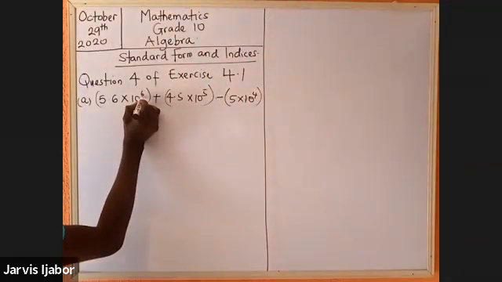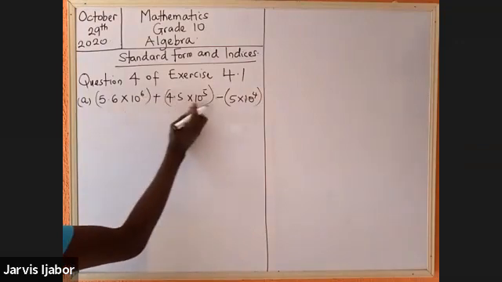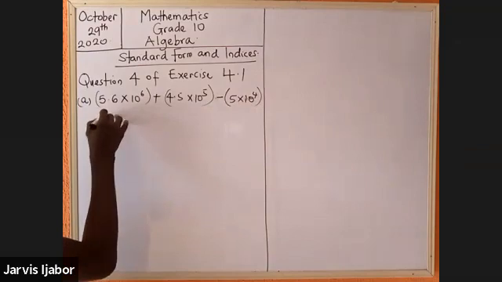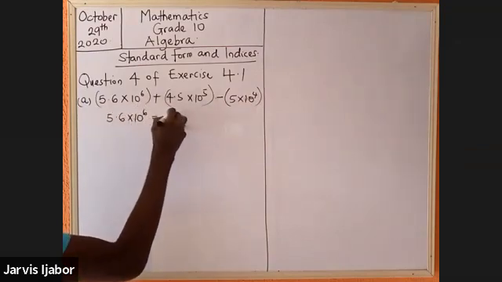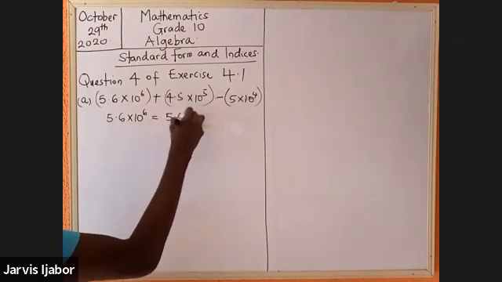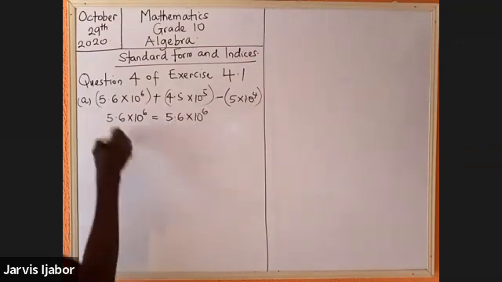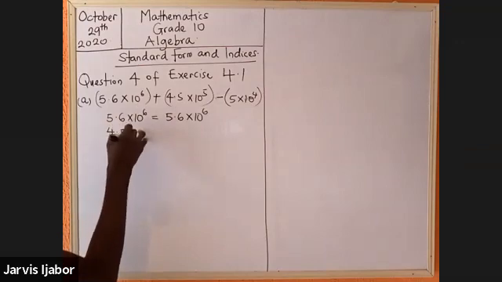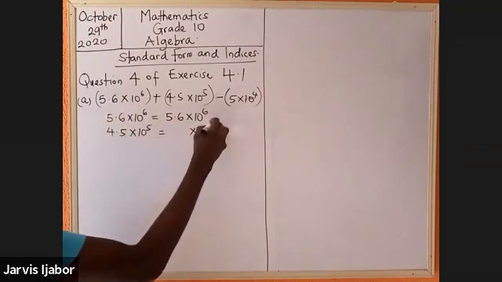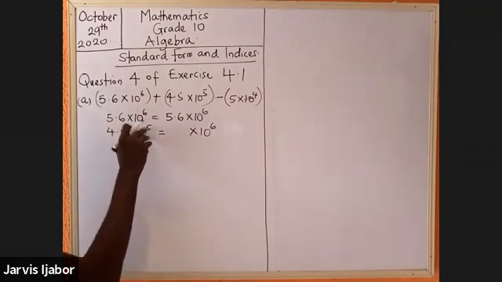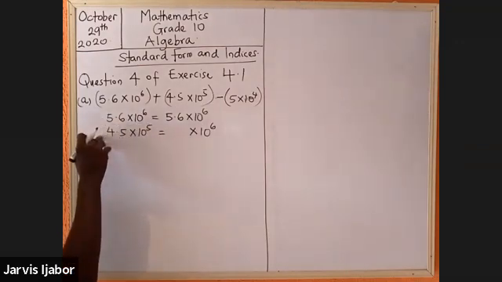I will take all the powers to power of 6, and then I'll try to make the others to that. So 5.6 times 10 raised to the power of 6 will still be 5.6 times 10 raised to the power of 6. Now, 4.5 times 10 raised to the power of 5, I want to make this to the power of 6. It means if I increase this, I will reduce this.